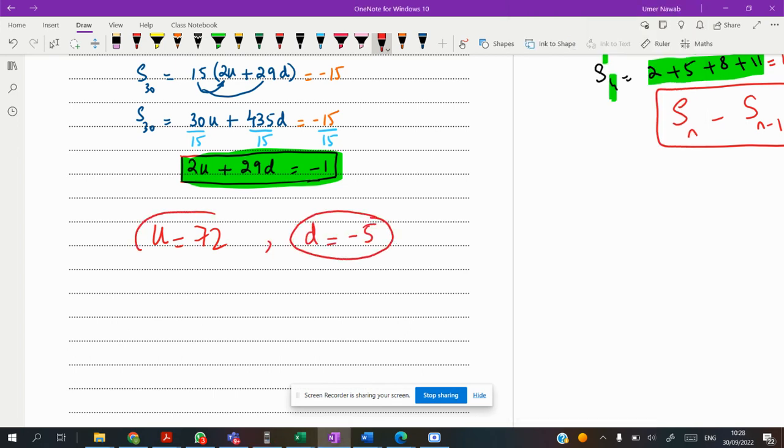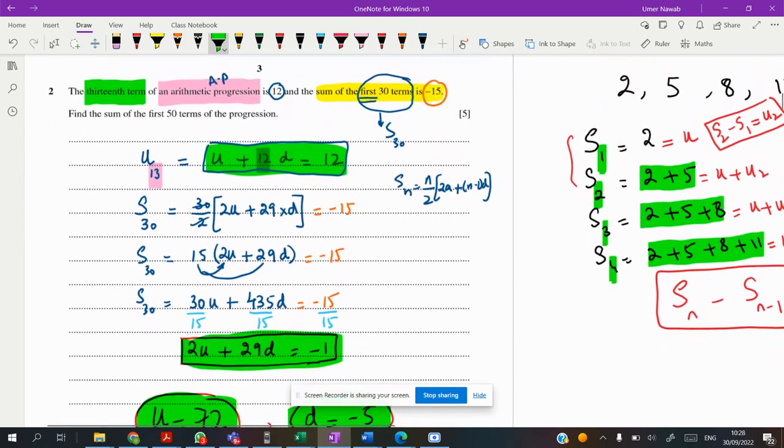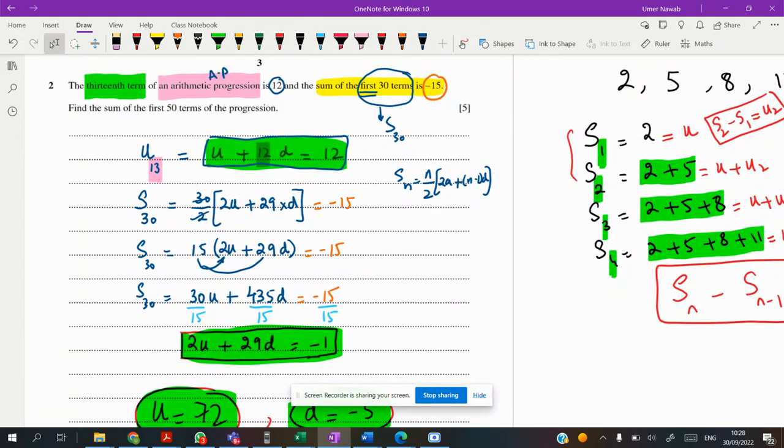So my friends, the whole question was based on arithmetic progression, and the question gave you two conditions. The first condition was based on a particular term, which was the 13th term, so I need to know how to write the 13th term of an arithmetic progression.